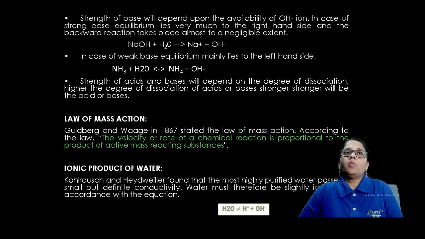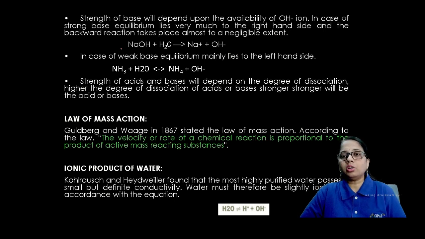The strength of a base depends upon the availability of OH minus ions. They have concluded that the basic strength depends upon the availability of OH minus ions. So in the case of a strong base, the equilibrium lies very much to the right hand side, and the backward reaction takes place almost to a negligible extent.